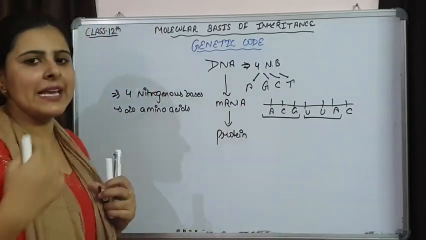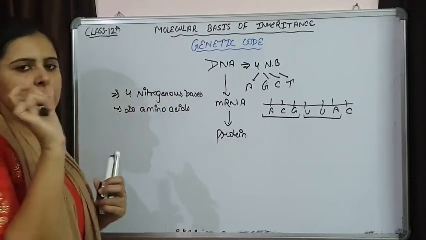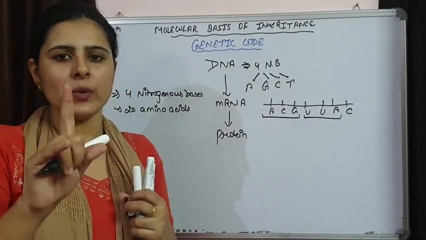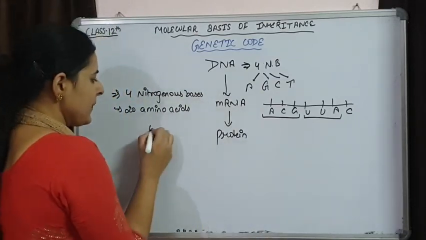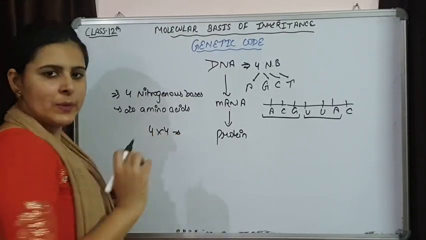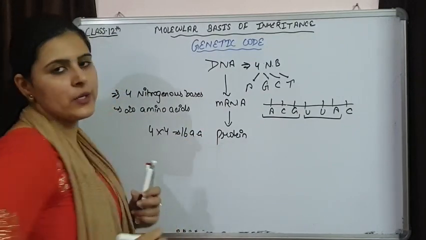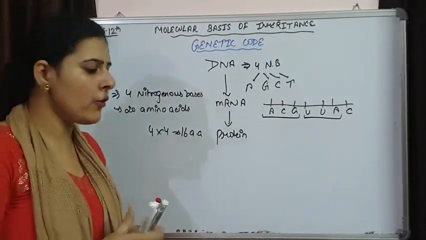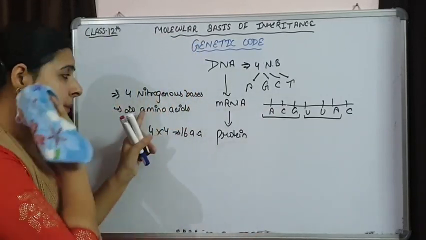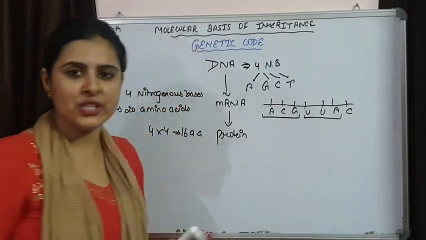If we consider the second situation, that means if we think that a pair of 2 nitrogenous bases is going to code for one amino acid, that means 4 times 4, so we get a total of 16 amino acids. Again 4 amino acids are left behind, and we again have a deficiency.